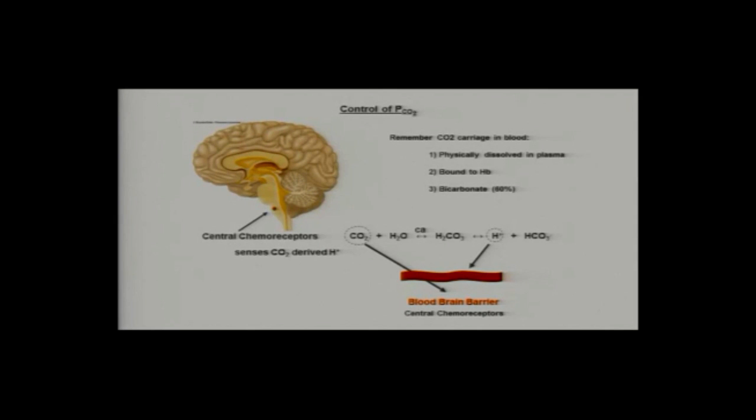But the CO2 that's bound to hemoglobin, is that going to cross the blood-brain barrier? No. The CO2 that's found in the form of bicarbonate, no, because it's charged, right? It's not going to get into the blood-brain barrier. So the CO2 that's dissolved in plasma can cross the blood-brain barrier, and once it's across, those central chemoreceptors can sense it.